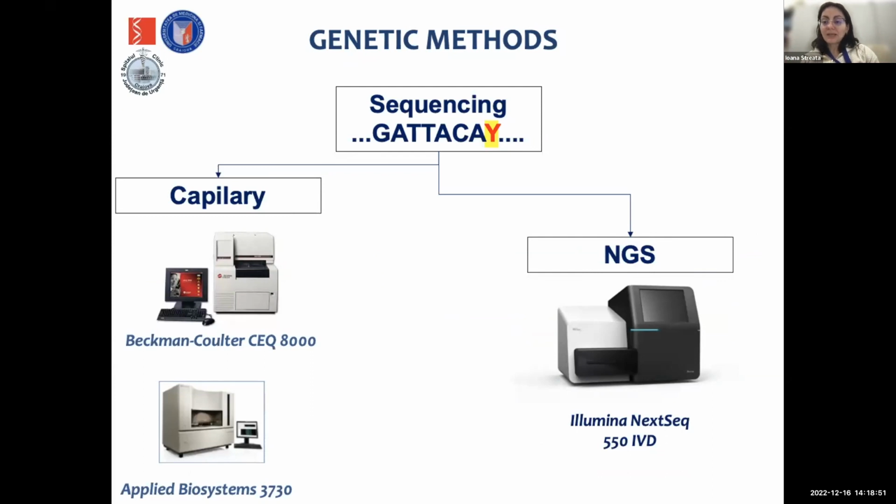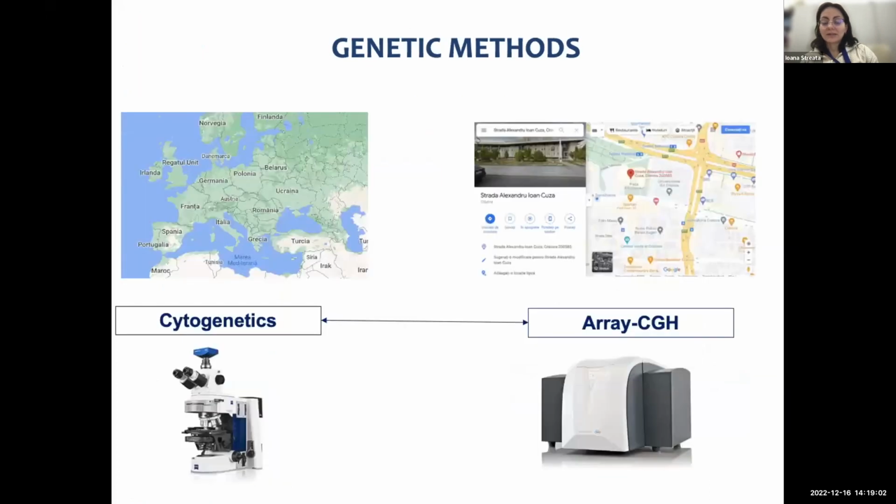So there are a lot of genetic methods that were developed and can be used in the diagnostic. The first genetic methods were the cytogenetic methods, the karyotype. Then the karyotype was improved, and the molecular karyotype was developed.